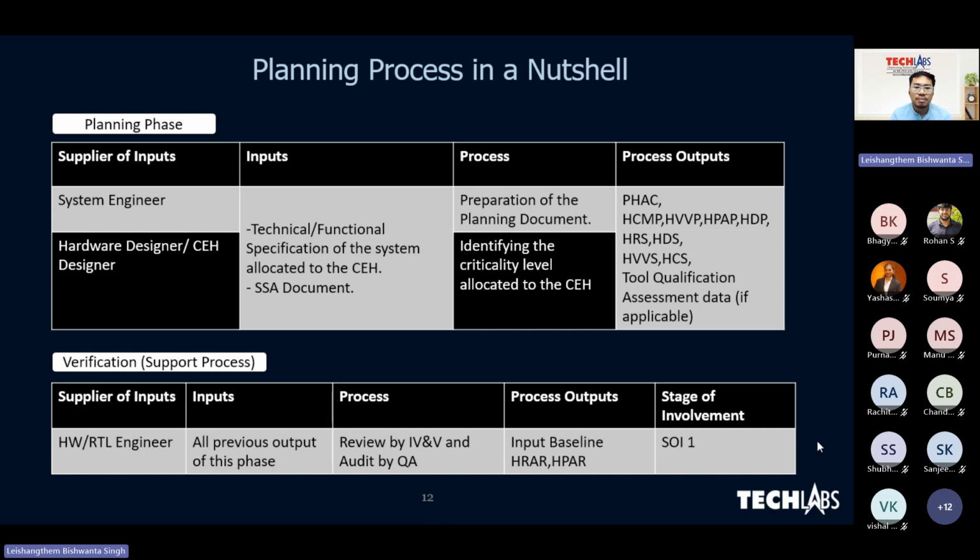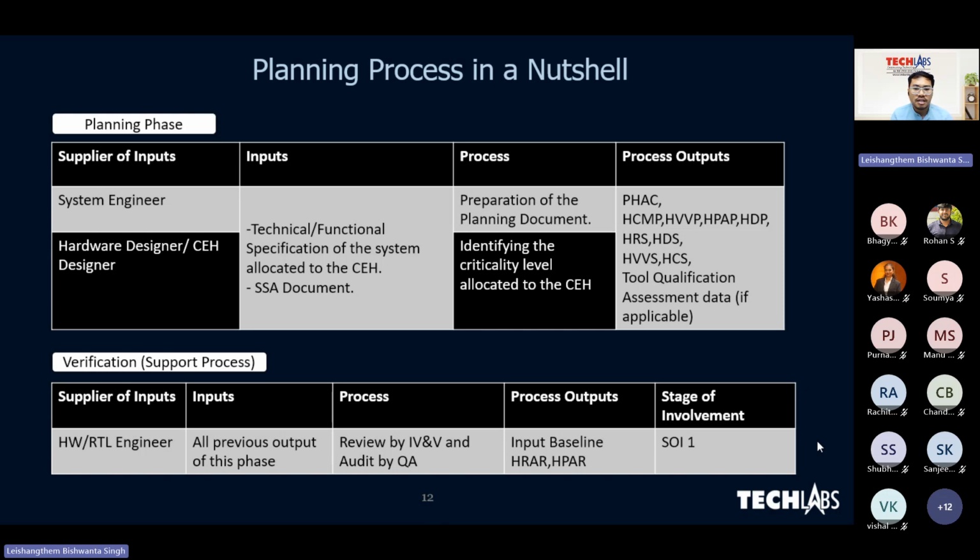In the planning phase, the supplier of the input will be the system engineers. System engineers will be providing DAL levels and all the system safety assessment documents, along with the hardware designers and a CEH designer. So the inputs are the technical or functional specification allocated to the complex electronic hardware, and the SSA, the system safety assessment document, that defines the DAL level.